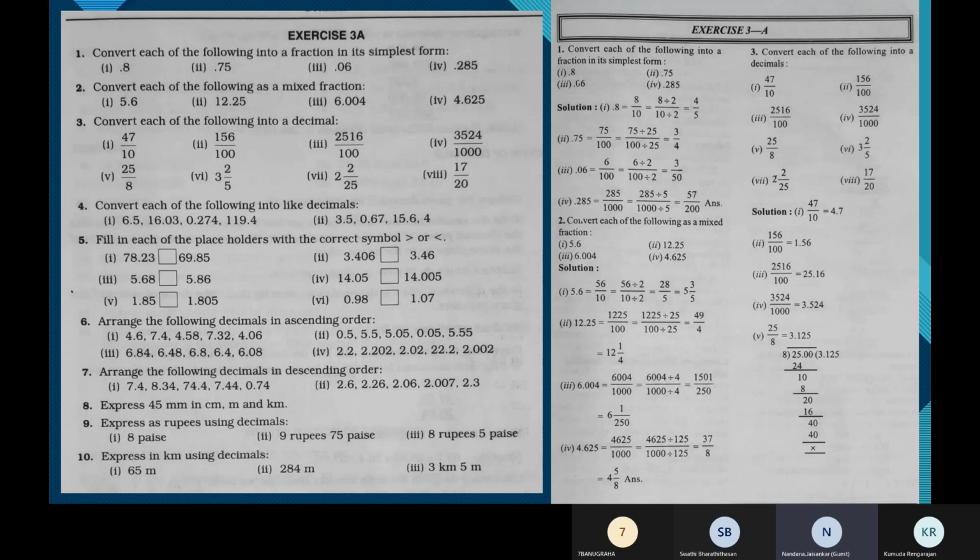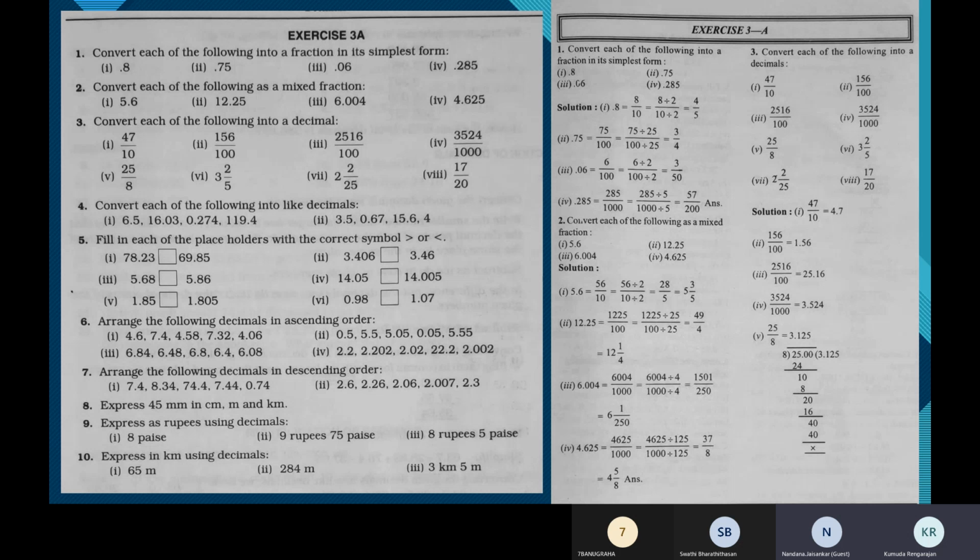Ma'am, the improper fraction is 17 by 5, ma'am. What is the denominator? 5, ma'am. 5 multiplied by what will give you 10? 2, ma'am. Okay, so you have the improper fraction 17 by 5.